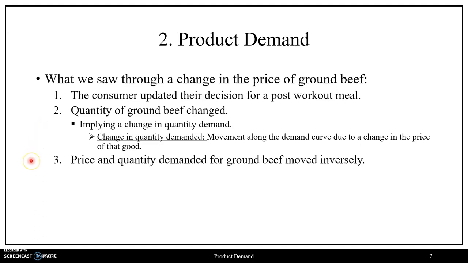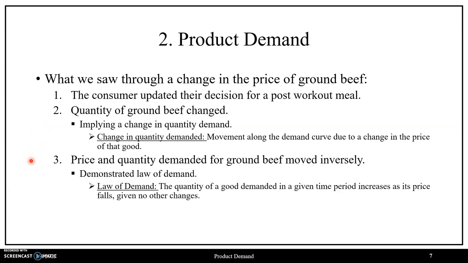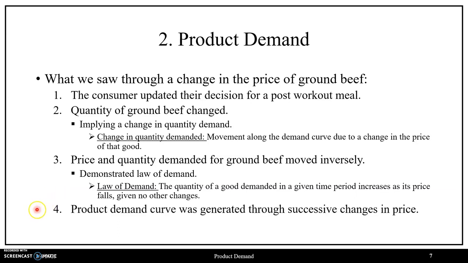But not only that, price and quantity demanded for ground beef moved inversely of one another, which demonstrated the law of demand. That is, the quantity of a good demanded in a given time period increases as its price falls, given no other changes. So we developed product demand through successive price changes as a result of this demonstration of the law of demand and changes in quantity demanded.